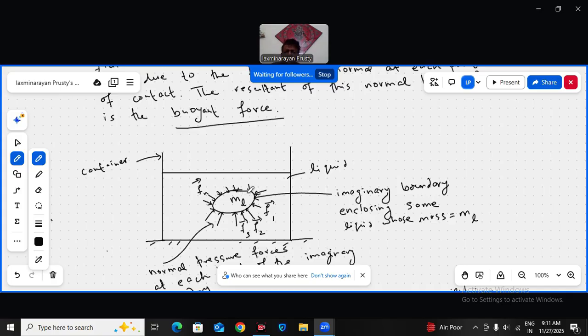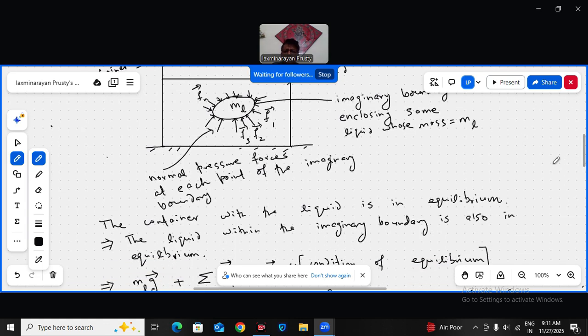That boundary is just an imaginary boundary enclosing some part of the same liquid, and this container as well as liquid is in equilibrium. They are not accelerating. The contained liquid is in equilibrium. Obviously, this element of fluid also will be in equilibrium. The whole fluid is in equilibrium.